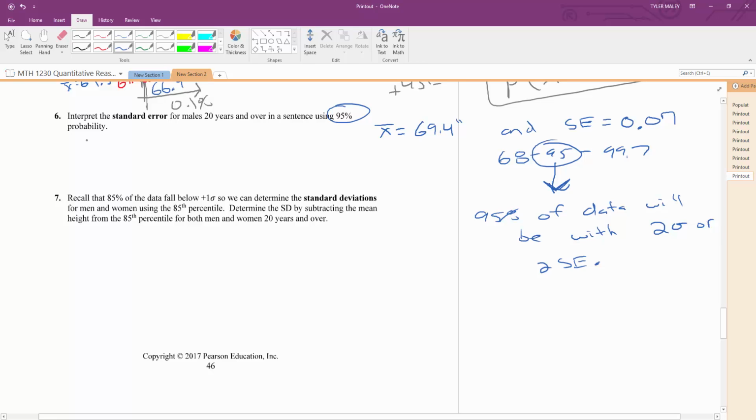So first, let's find 2 standard errors. You'd want to find x bar minus 2 times your standard error, which is 0.07, and get this value, and then take x bar plus 2 times 0.07 and get this value. x bar for us was 69.4, so I'm just going to substitute that in. 69.4.